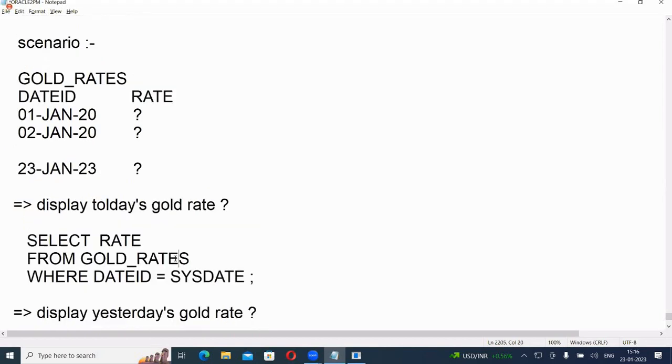Okay? Then, if you want to test these queries, first create a table and insert some rows matching these conditions. One row with today's date, one row with yesterday, one row with the last month same day, one row with last year same day.